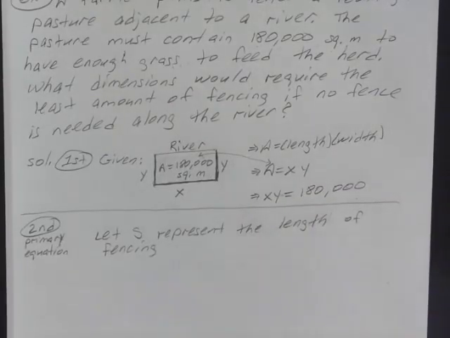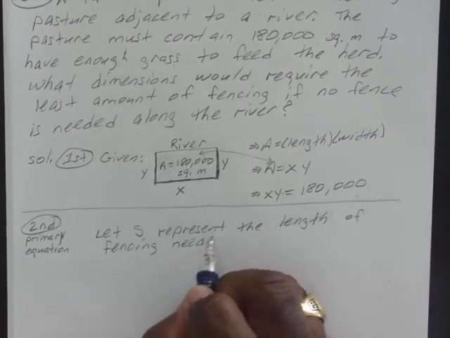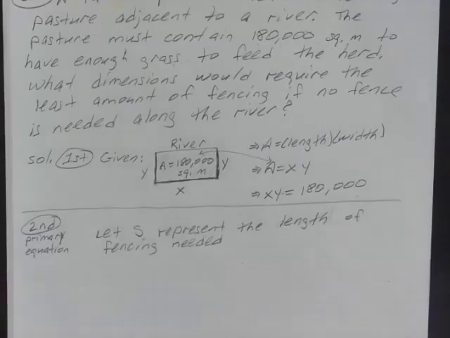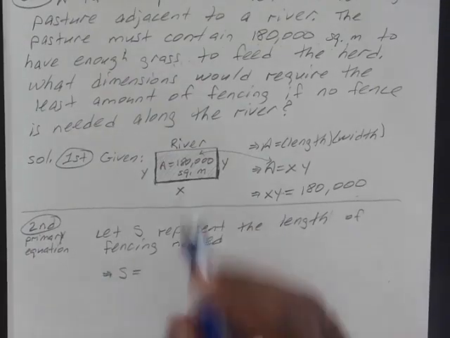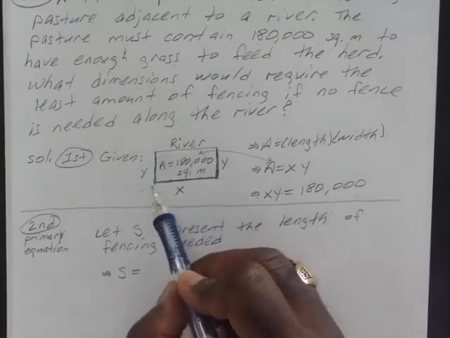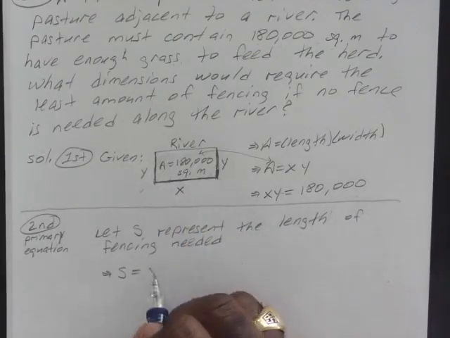Amount sounds a little too vague, so I'll say length of fencing needed. And we kind of separate these two. If this is the case, then S would just equal y plus x plus y, or you can say x plus 2y.